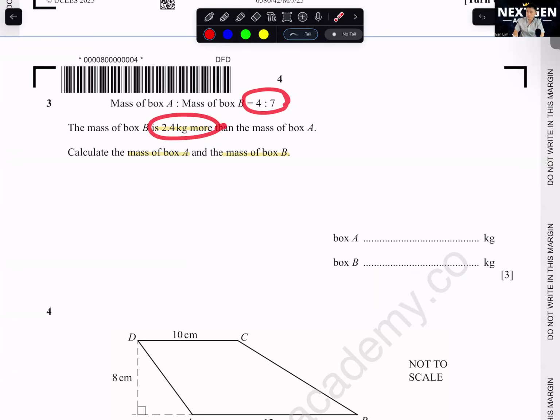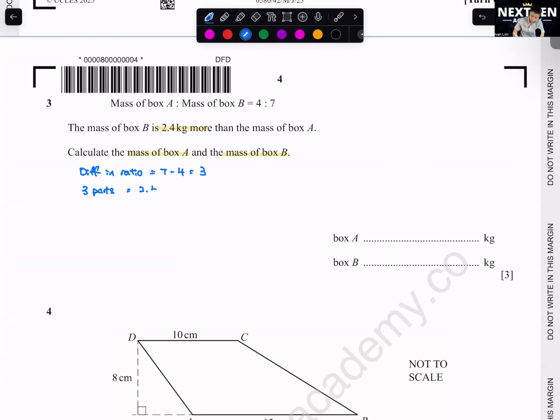This is not a very hard question. What does 2.4 kg more mean? You first find the difference in the ratio: 7 minus 4, so you get 3 parts. So 3 parts of the ratio represent 2.4 kg.